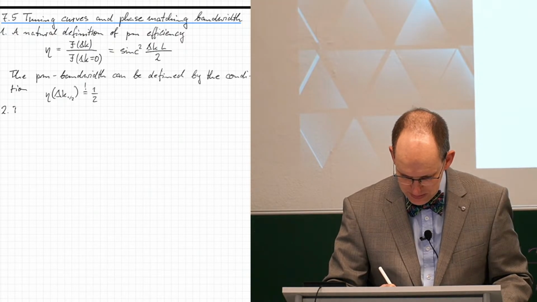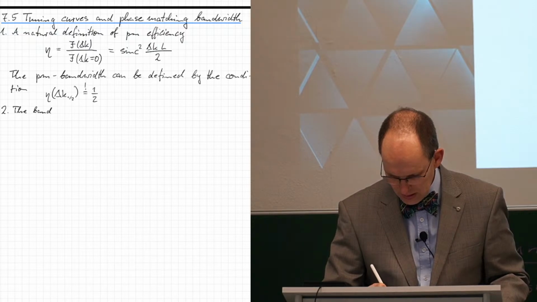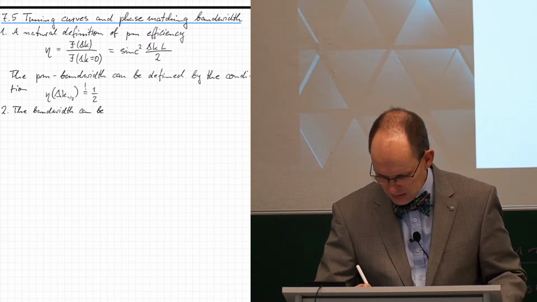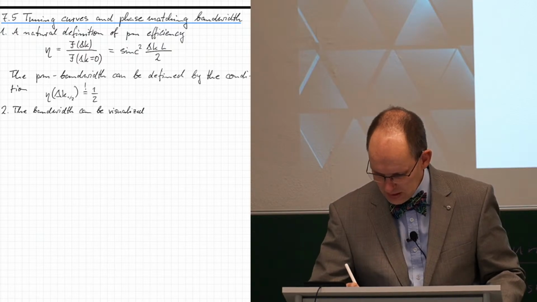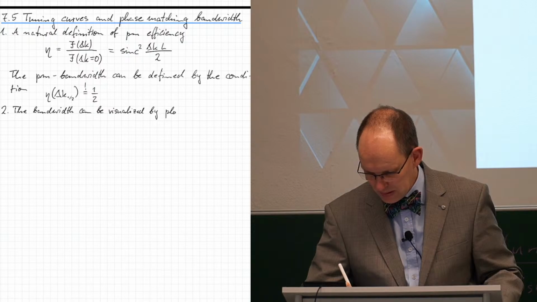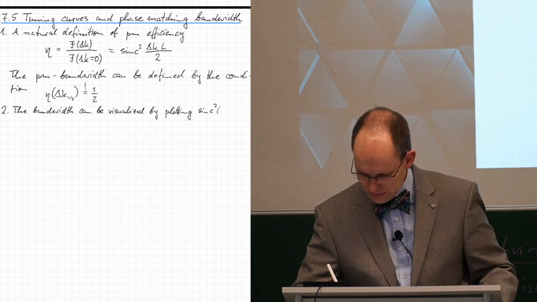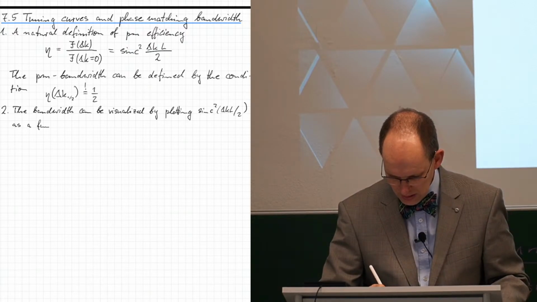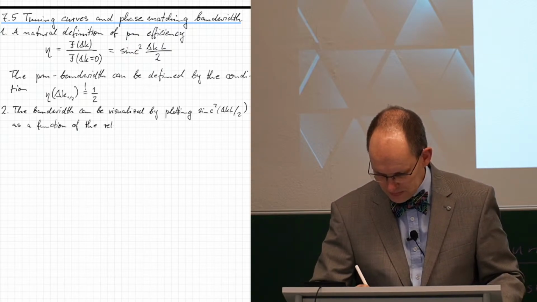So the bandwidth can be visualized by plotting this sinc squared function, to be precise, delta k times L divided by 2, as a function of the relevant parameters.